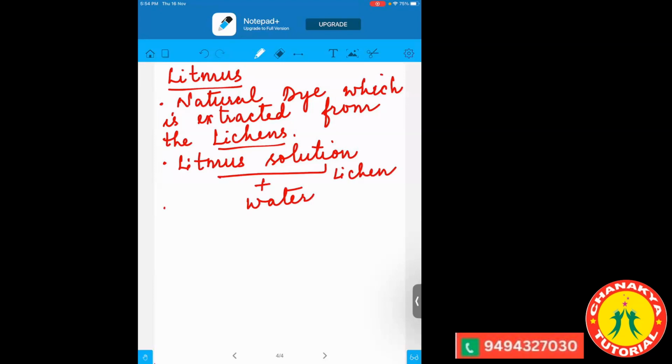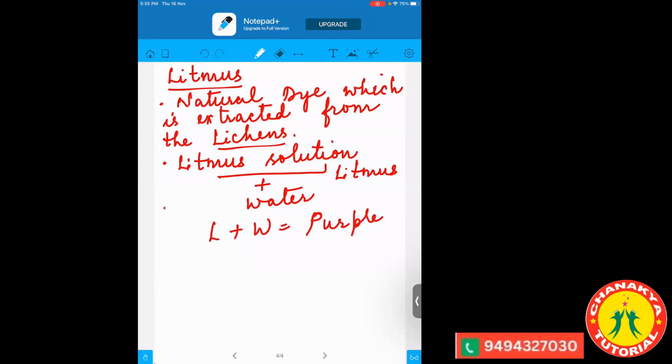So litmus plus water gives the litmus solution. Now, normally when we add litmus along with water, it will be purple in color. All right. So when we add litmus in water, it will be purple in color.